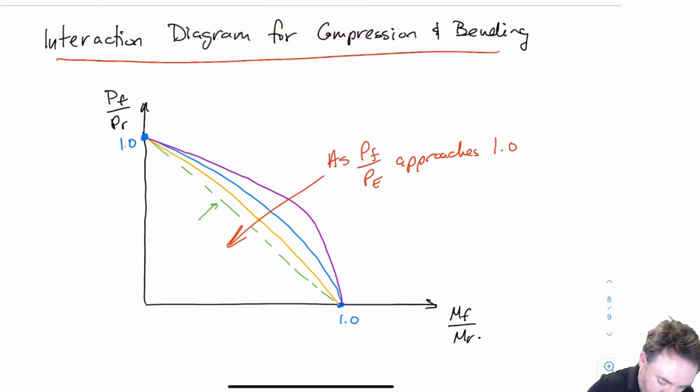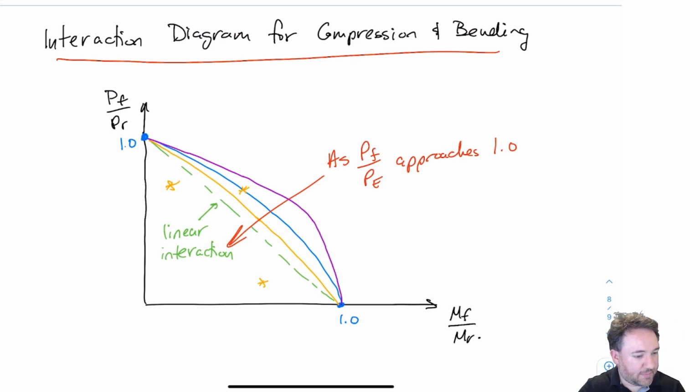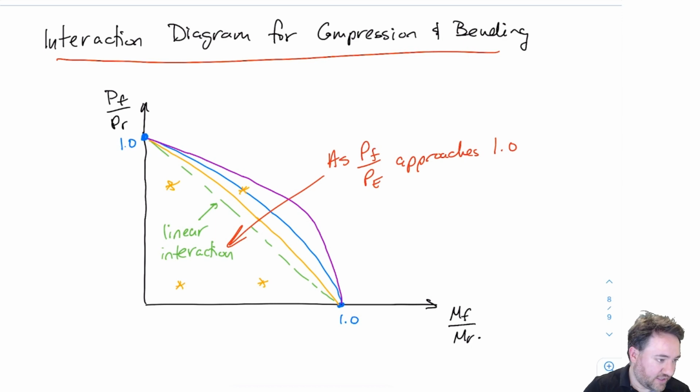So just like before, any design that is to the bottom left of whatever my curve is is an appropriate design. So I could have an appropriate design here, I could have one here, I could have it right on the line. If blue happens to be my interaction equation, any space in here is basically fine.